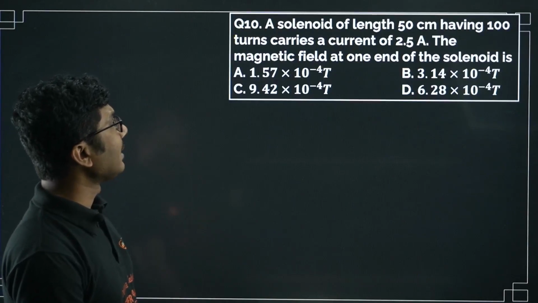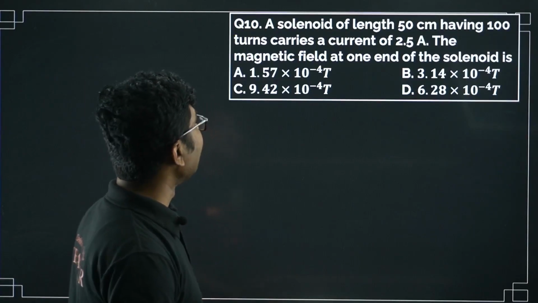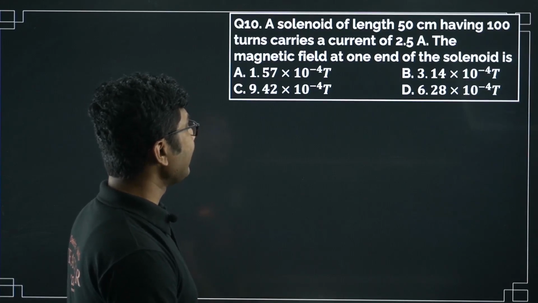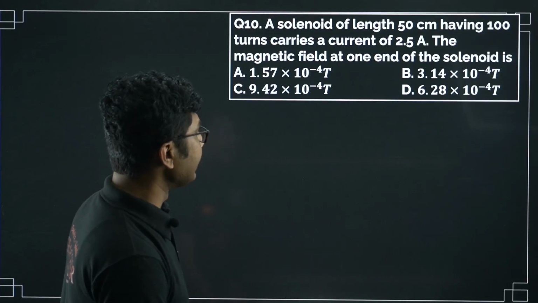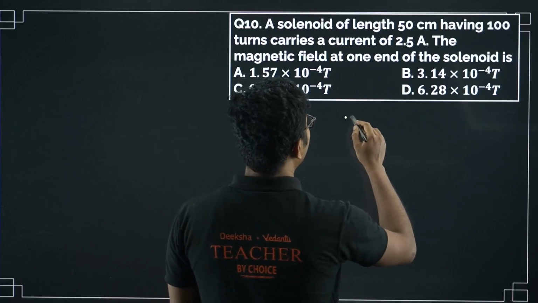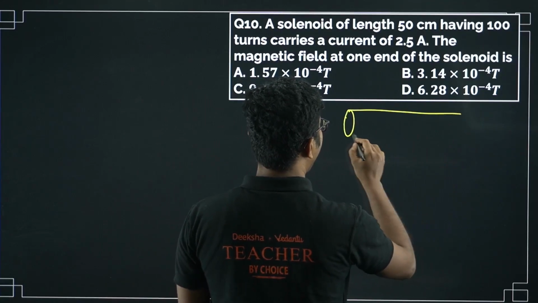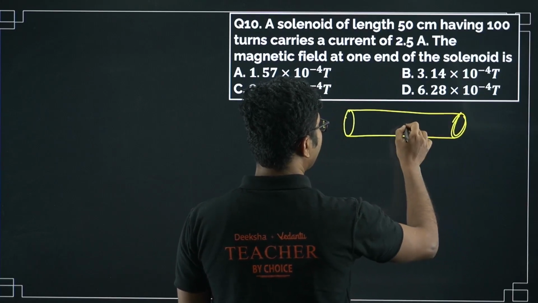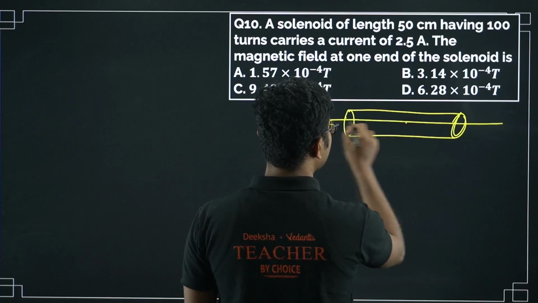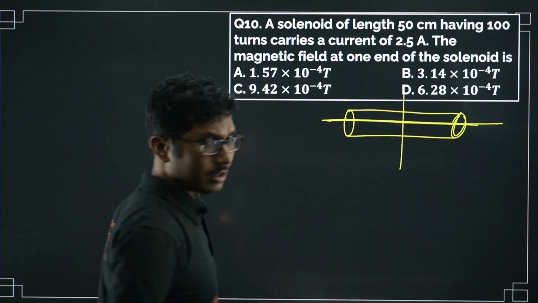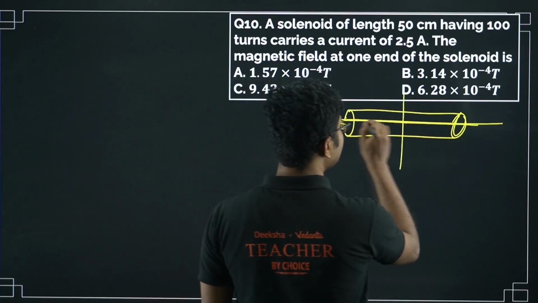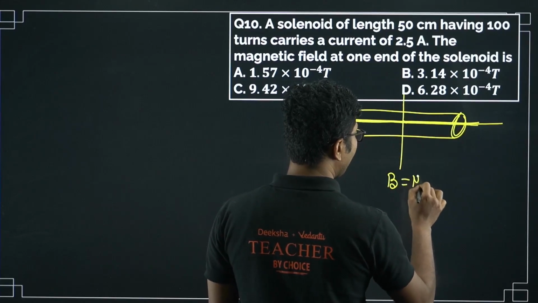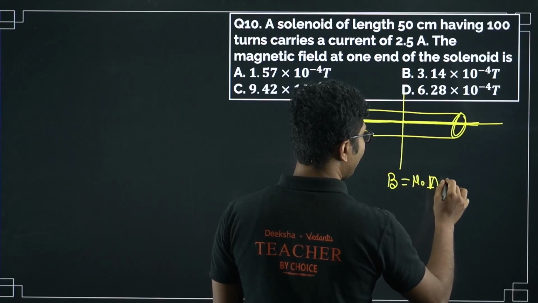A solenoid of length 50 cm having 100 turns carries a current 2.5 ampere. The magnetic field at one end of the solenoid is. So we have a solenoid. If it is a constant solenoid, then on the axis of the solenoid the magnetic field is constant, that is given by mu naught n into I. What is n?